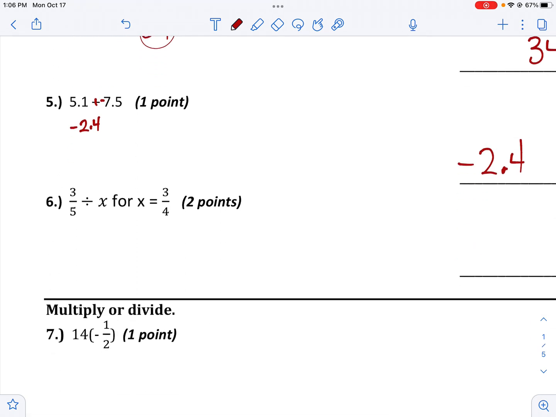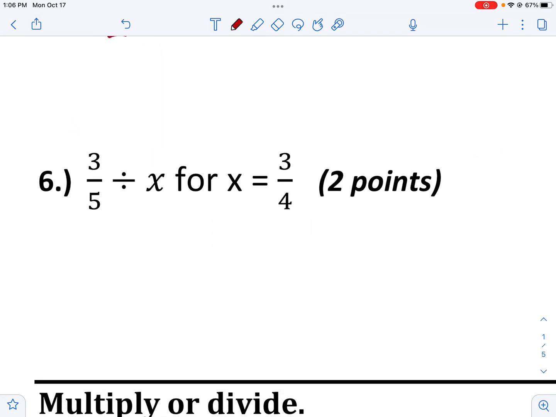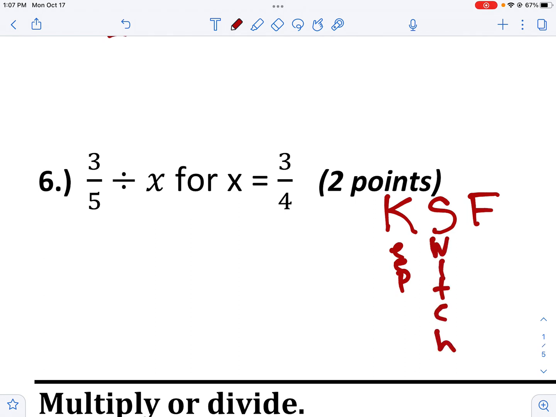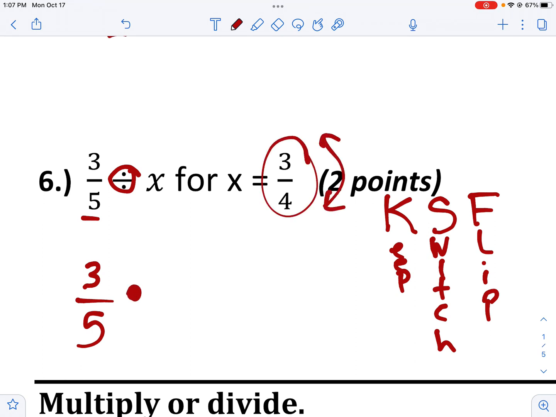Number 6, we have a fraction divided by another fraction. So do you remember KSF? Remember keep, switch, and flip. So we keep the first fraction, switch the division to multiplication, and flip the second fraction, the reciprocal.